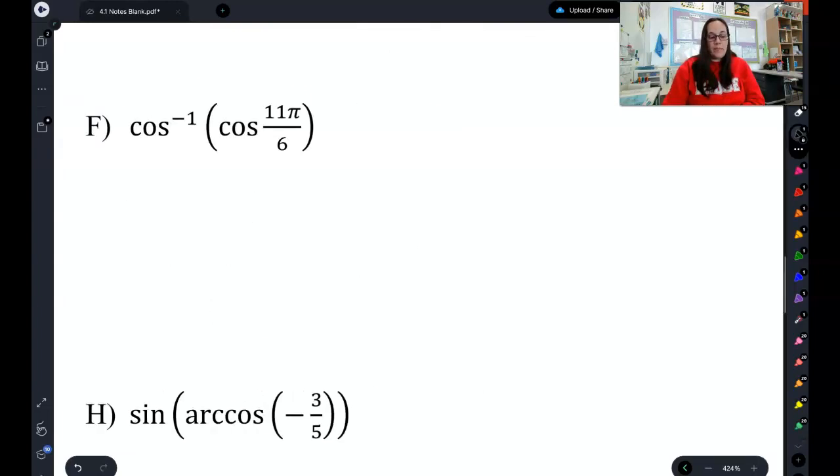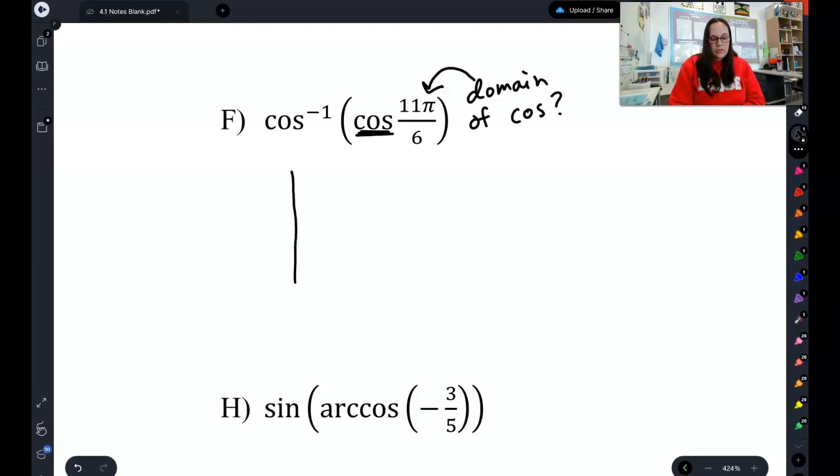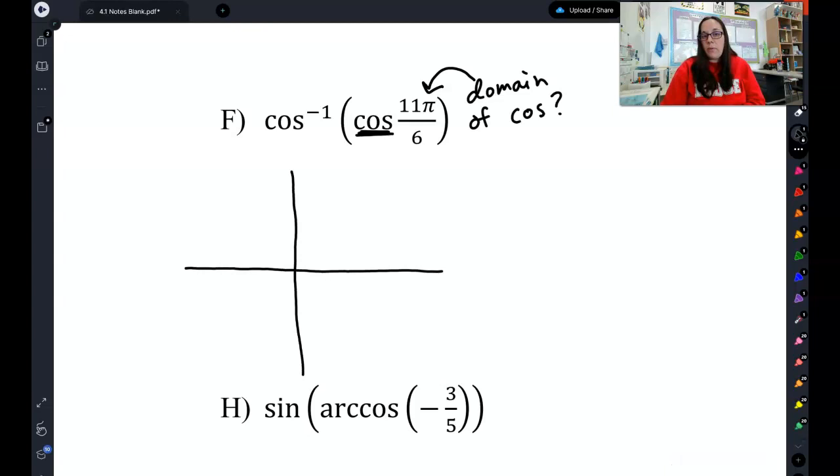Now, let's try an example where it doesn't work. So we'll start right here. We would think, hey, these should cancel because they're opposites, but we need to check that 11 pi 6 is in the domain of cosine. I know that the domain of cosine is 0 to pi, quadrant 1 and quadrant 2. 11 pi 6 is right there, which is not in the domain of cosine.